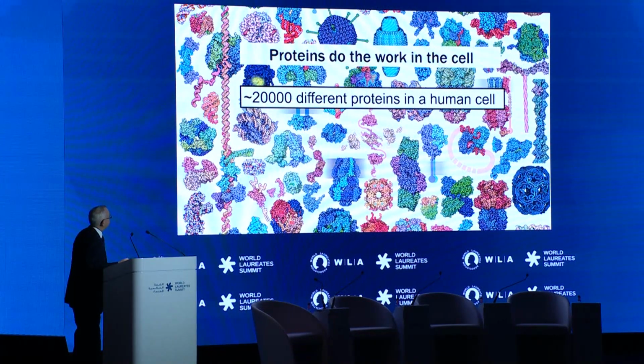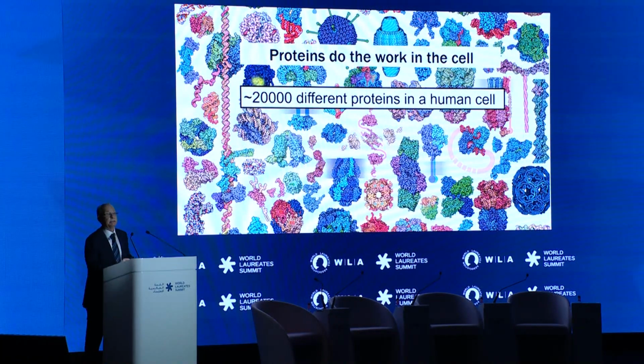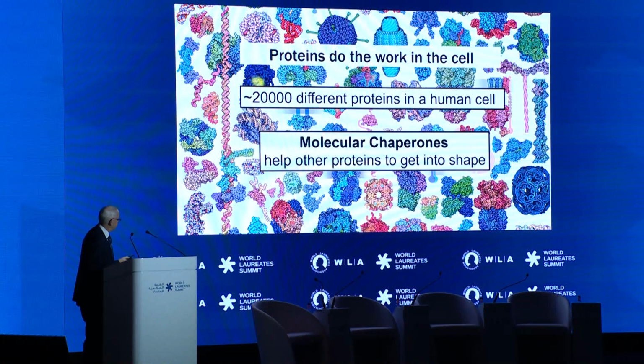I have been fascinated with the question how cells achieve their final shape, their fold, and is there perhaps a machinery that helps them to do so? And the answer to this question is yes. We have molecular chaperones, a set of dedicated proteins that help other newly made proteins to get into shape.